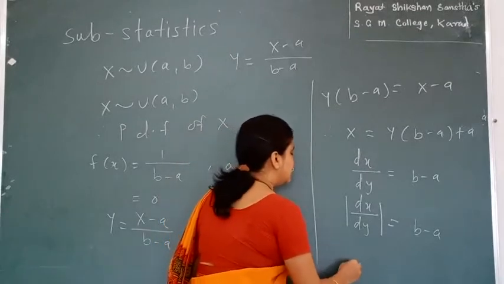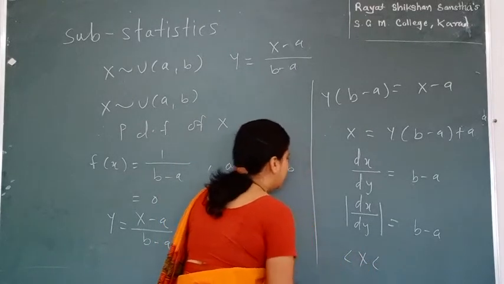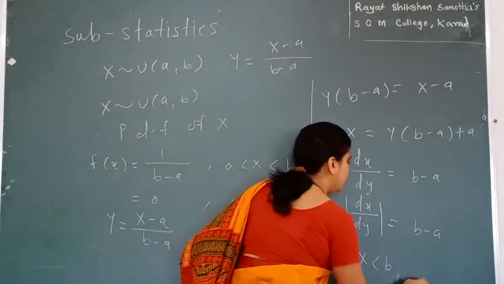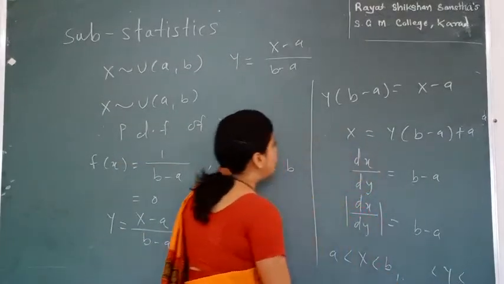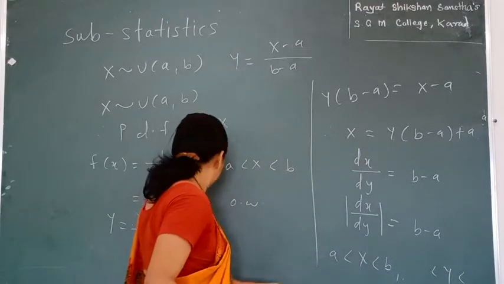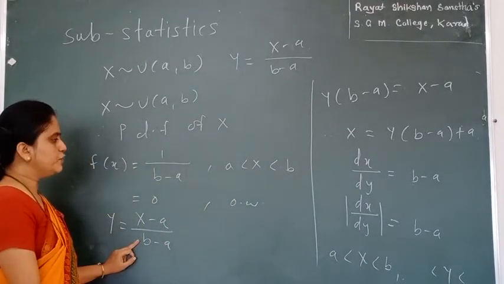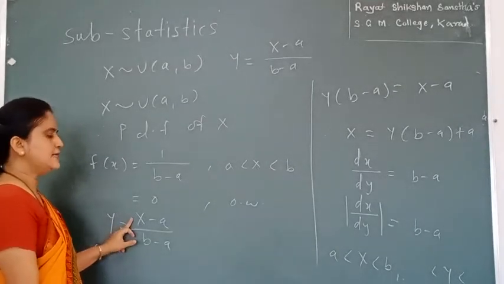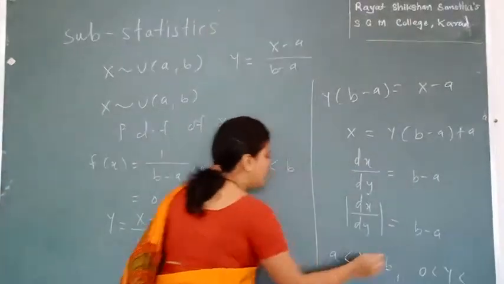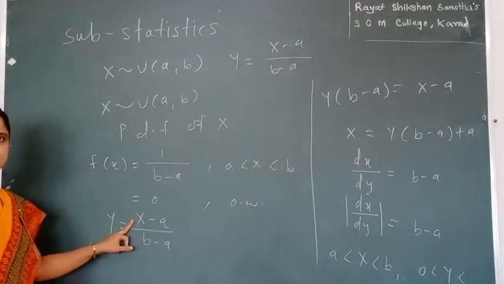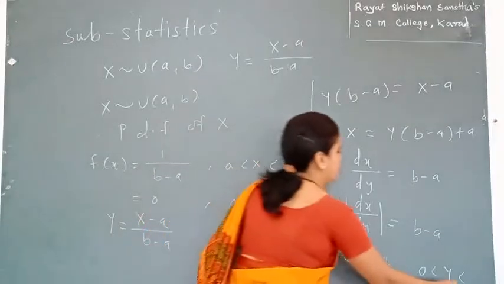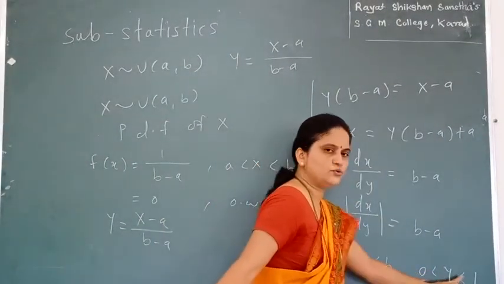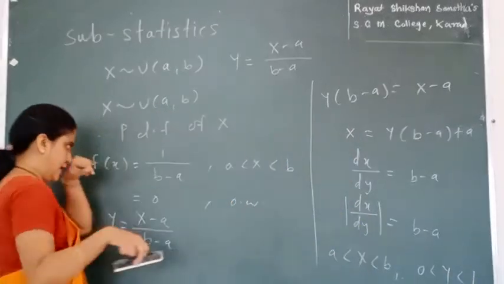Now the third step is we can find the range. The range of x over here is a to b. Now I need to find the range of y. I can put the value of x from a to b in the given equation. So if I put the value of x as a, I get the value of y as 0, and if I put the value of x as b, I get the value of y as 1. Hence if the range of x is a to b, then the range of y is 0 to 1.